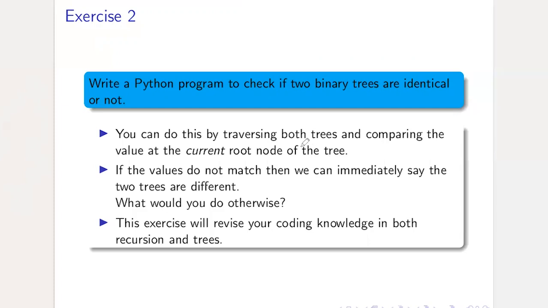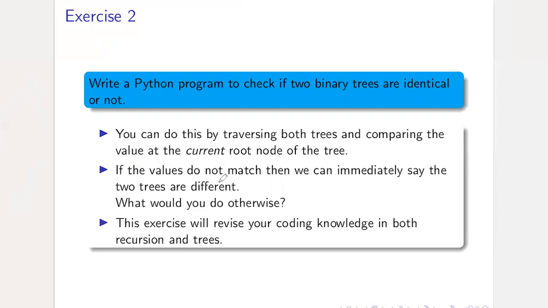You can do this by traversing the trees and comparing the values at the current node, the current root of the tree, because always you are getting a subtree to work with. If the two values are not equal at any given time, there's no need to check the rest of the tree.